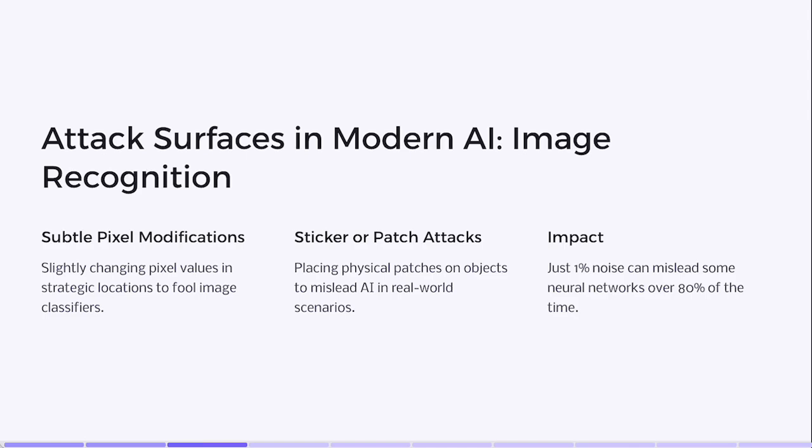Examples include subtle pixel modifications, slightly changing pixel values in strategic locations, or sticker or patch attacks, placing a physical patch on an object in the real world. According to a paper from ICLR, adding just a 1% noise pattern can mislead some neural networks over 80% of the time if carefully crafted. This shows how vulnerable unprotected image classifiers can be.